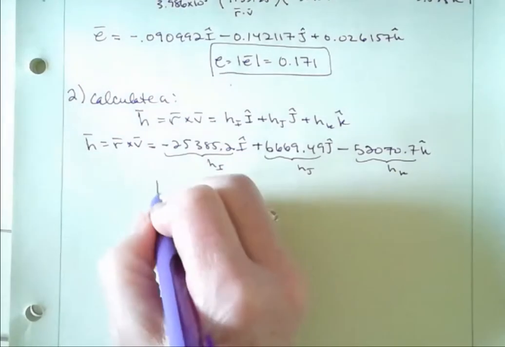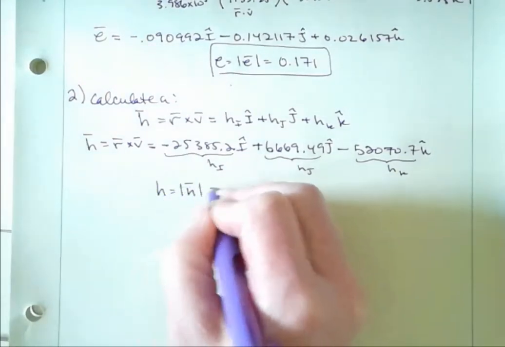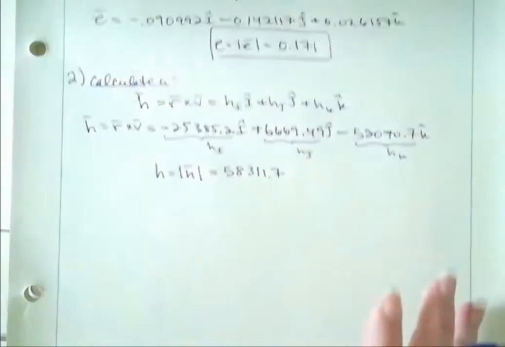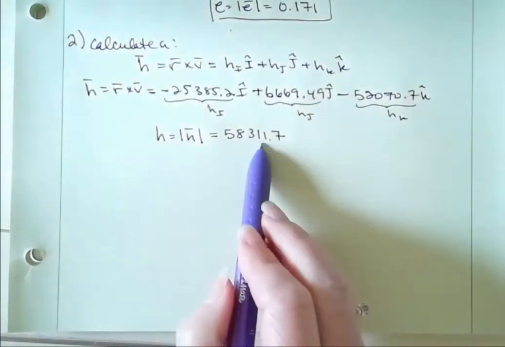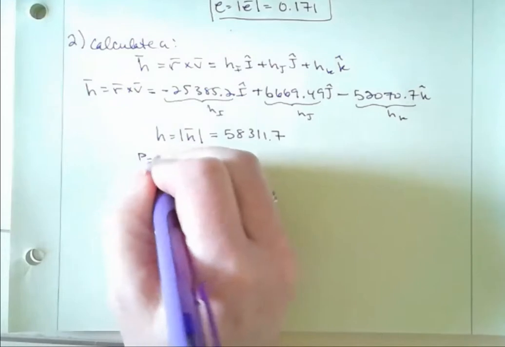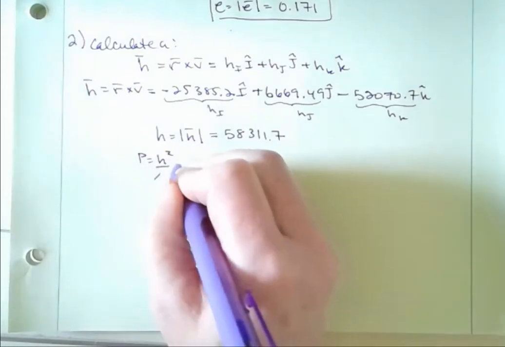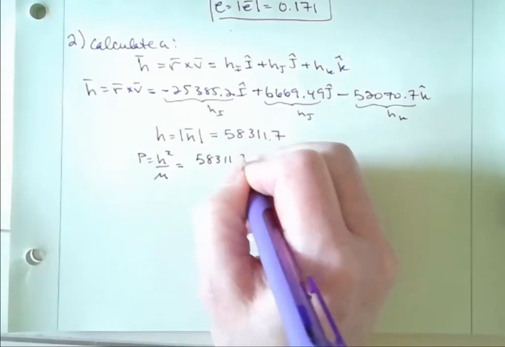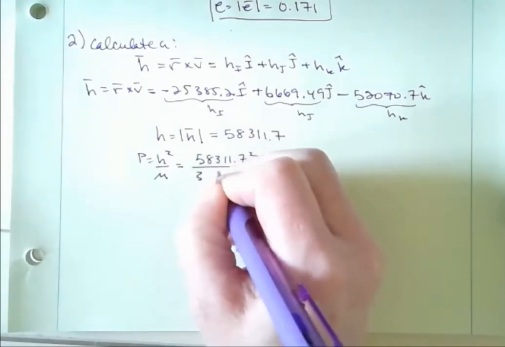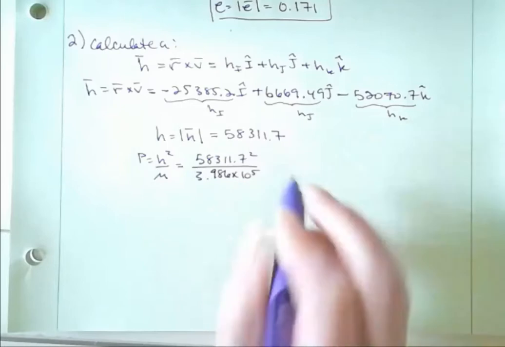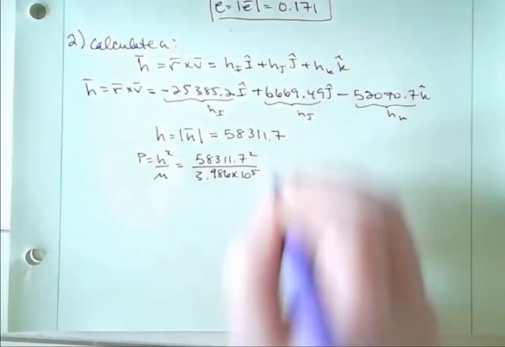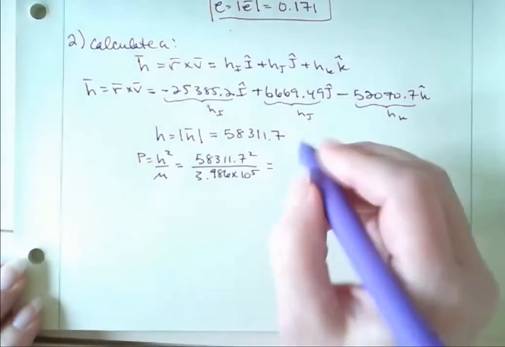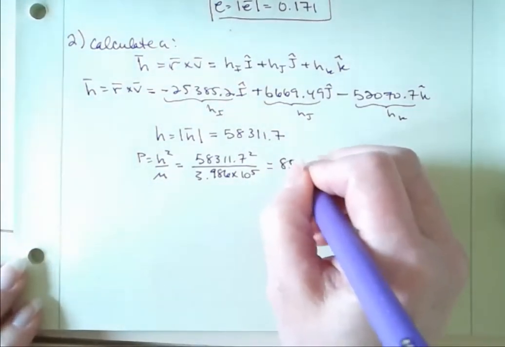And the magnitude of this is 58,311.7. Now that we have this magnitude, we're going to use that parameter equation: h squared over mu. Plug these values in; mu is still 3.986 times 10 to the 5th. Once you do those calculations, you get 8,530.48.